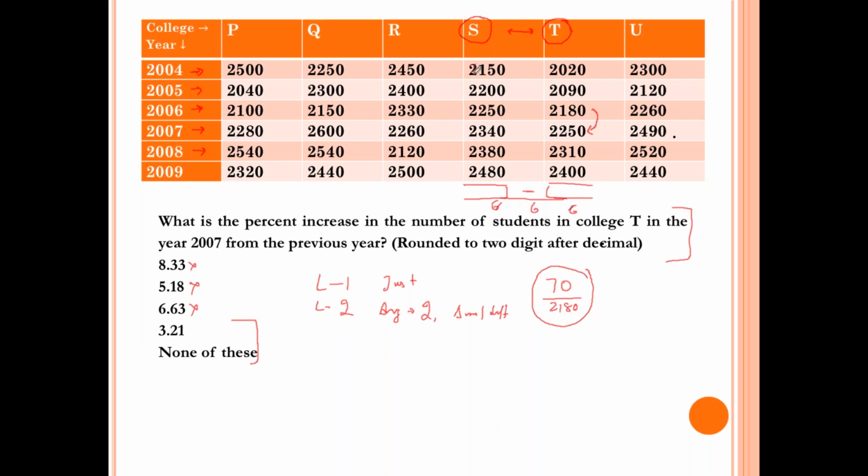Another method is to cancel the common values. It is 2, 2, 2, and again 2, 2, 2, so I will strike off all of them. Again I will have 2, 3, 4, which I can strike off from here.